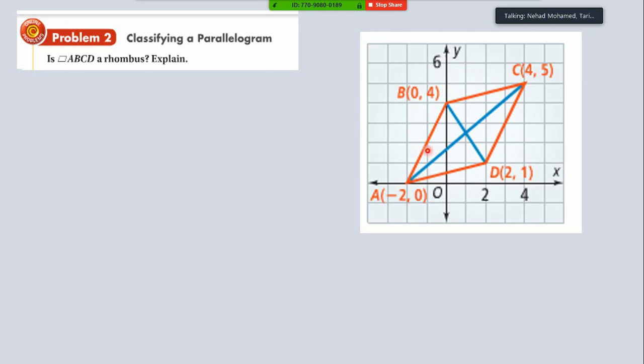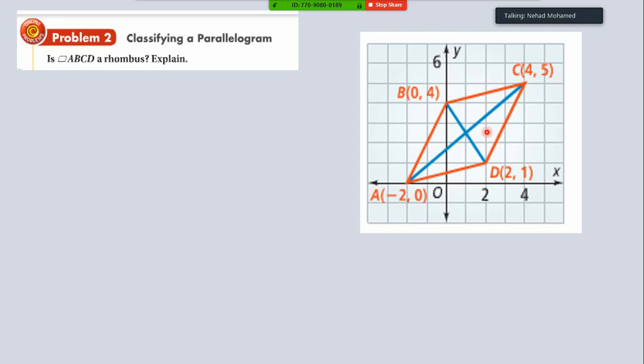Who can tell me? The diagonals are congruent? Yes, that is a rectangle, not a rhombus. If the two diagonals are perpendicular, excellent.